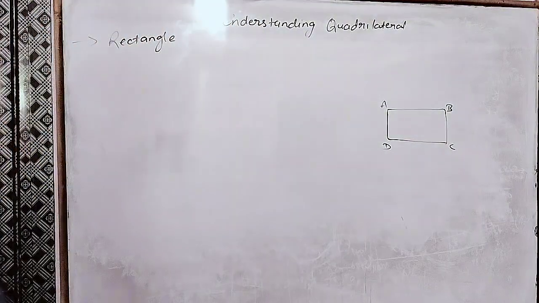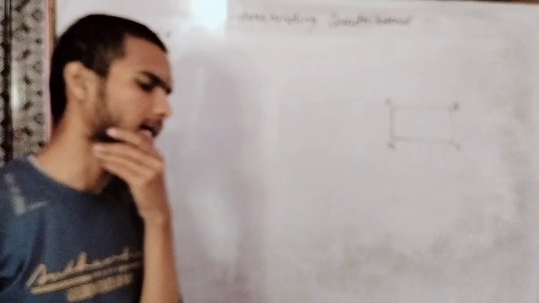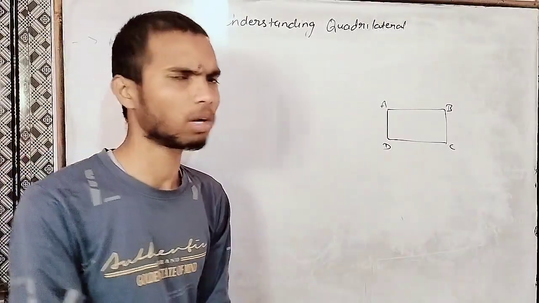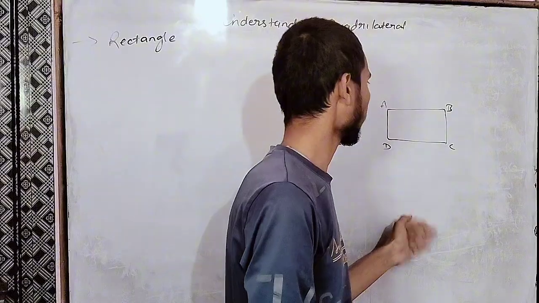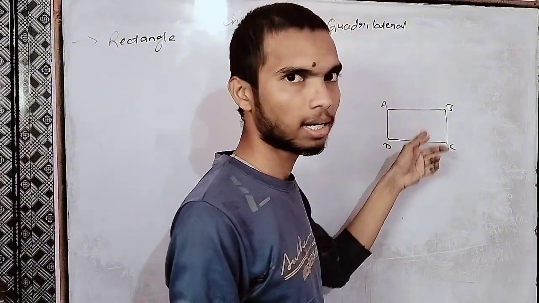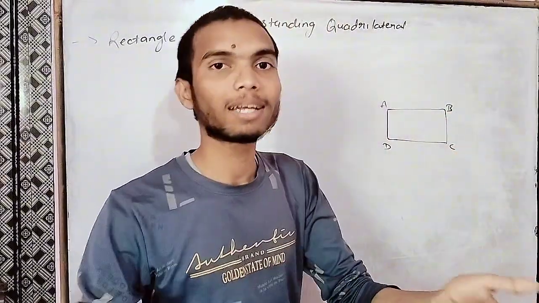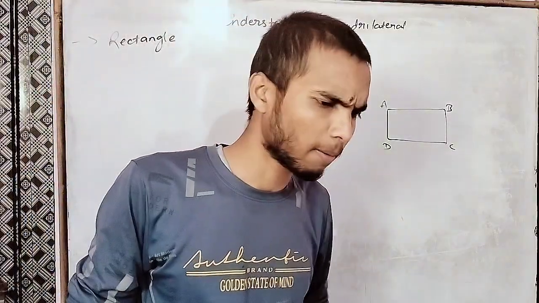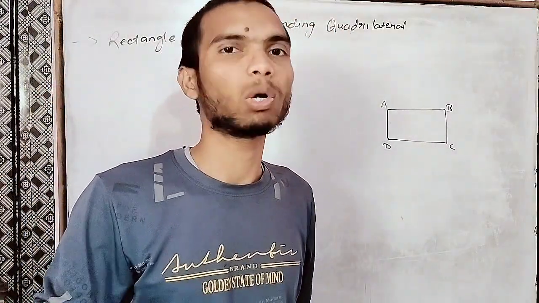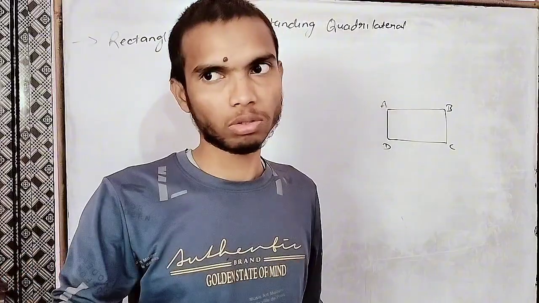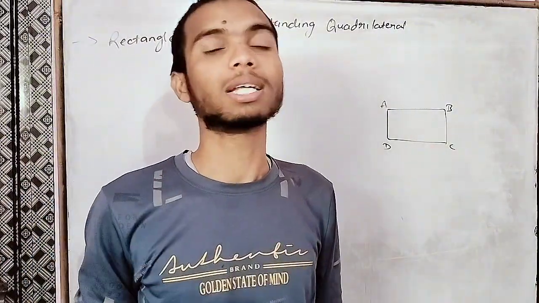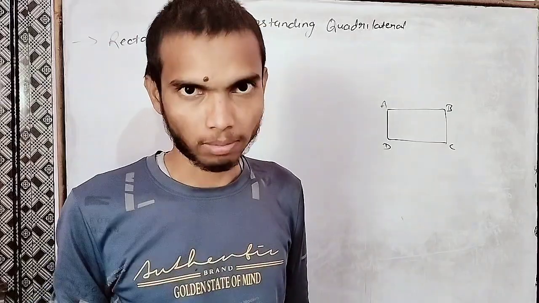Don't take it seriously. So I said a rectangle will follow the rules of a parallelogram, and here you can see this is parallel and this is parallel. Now you can define a rectangle as having two pairs of parallel sides. This is the first and this is the second, and this is a rule of a parallelogram as well.